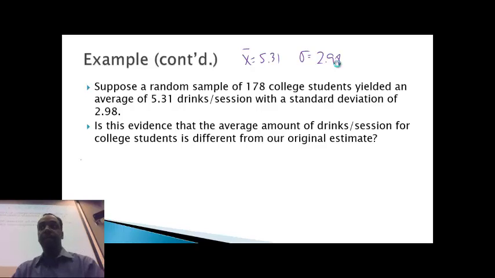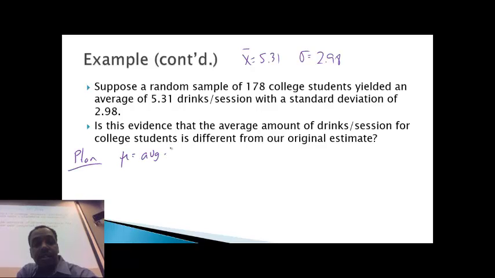So the first thing we want to do is get my ducks in a row with the so-called plan. What we want to do is see if mu is the average number of drinks consumed for college students.